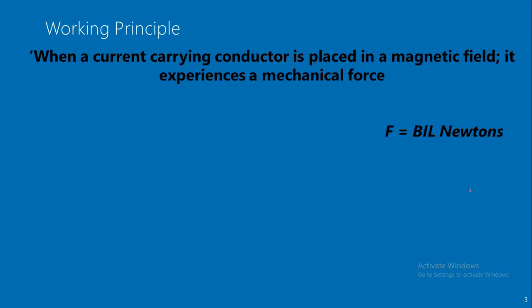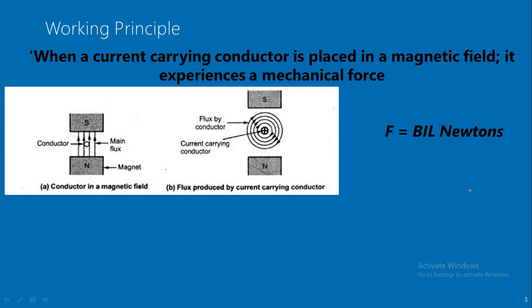I'm going to describe how the mechanical force is experienced in a DC motor by taking an example. Now I'll take a current carrying conductor placed between two poles, the North Pole and the South Pole.